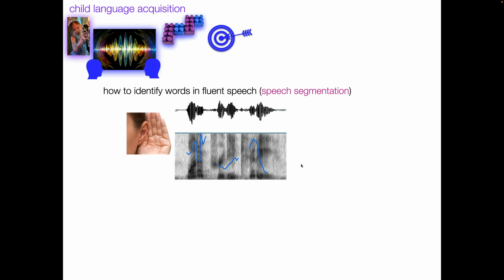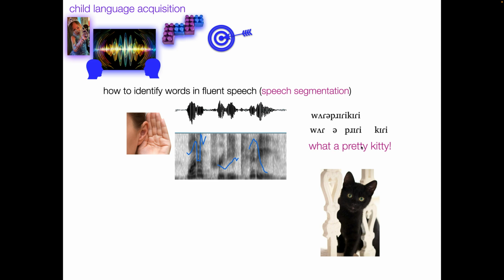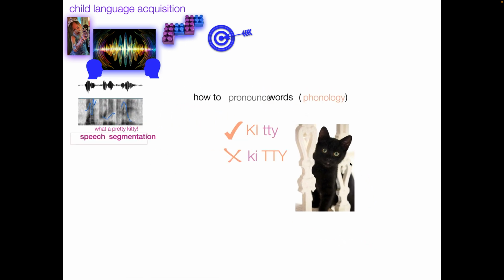And your mind learns how to convert that signal into some sort of useful representation that we might then perceive, if this is English, as the words, "what a pretty kitty." But again, it's just this mishmash of auditory information that your mind converts into something that we recognize and segment into individual words. And that's speech segmentation. That's one kind of thing you might want to do.